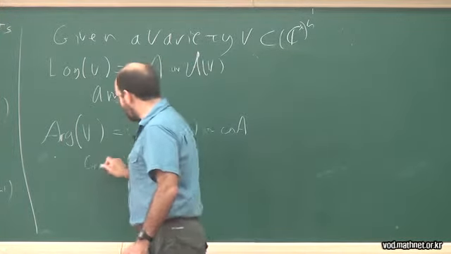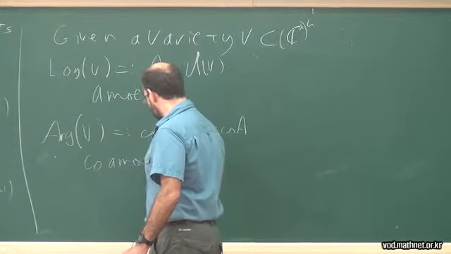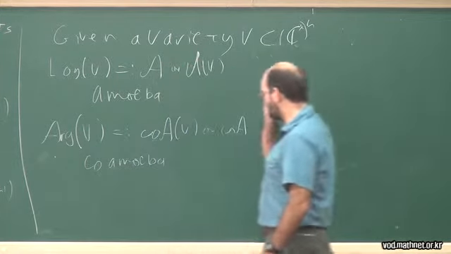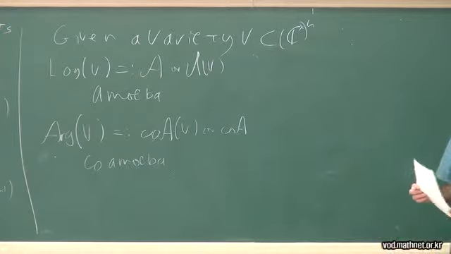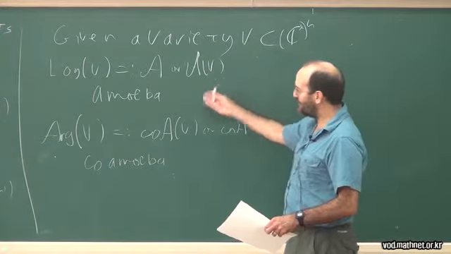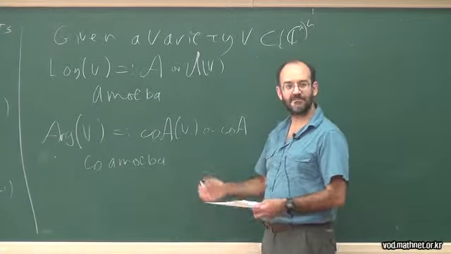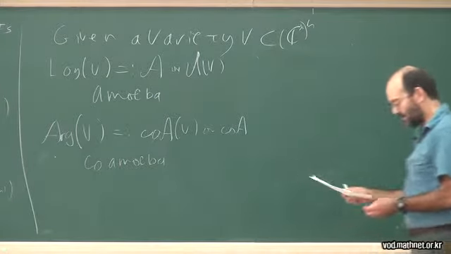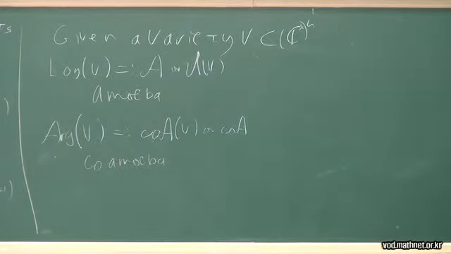And this is called the coamoeba. And Mikhail Passare made this definition and proposed studying these objects. These are the lengths in a variety, and these are the angles in a variety. So from an algebraic geometry perspective, that's a rather rude thing to do to an algebraic variety, is to pull these things apart.